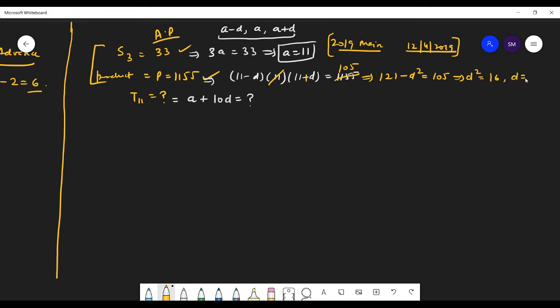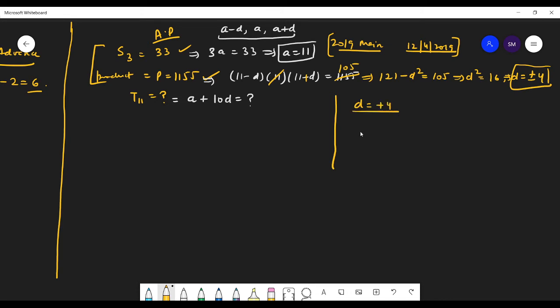So here d is plus minus 4. You need to take both the values, students. If you take d equals plus minus 4, what will be the first 3 terms of the AP? A is 11. First, let's take d equals plus 4.